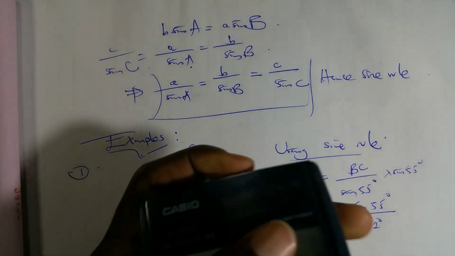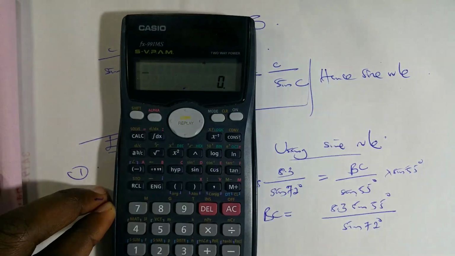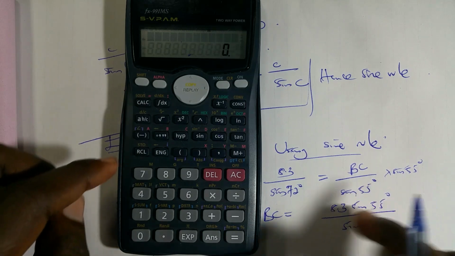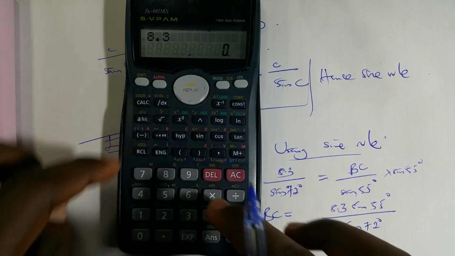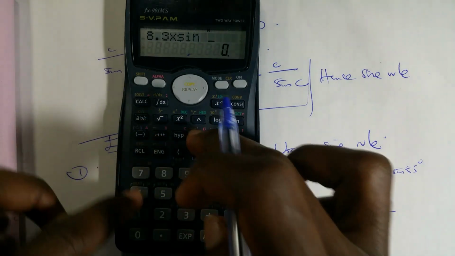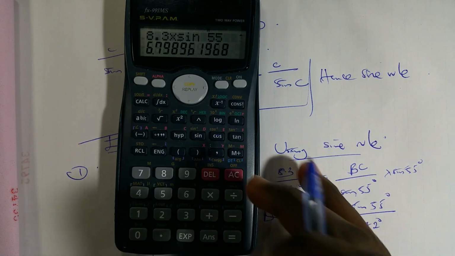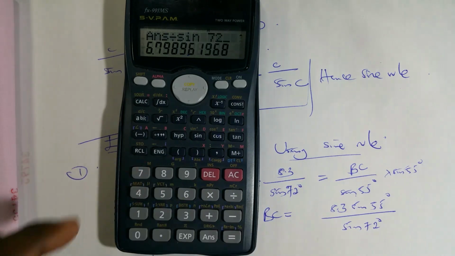So let's check in our calculator here. We have 8.3 times sine 55, then divided by sine 72.